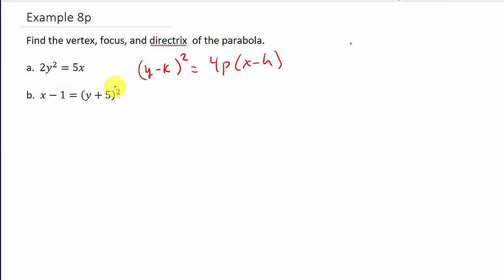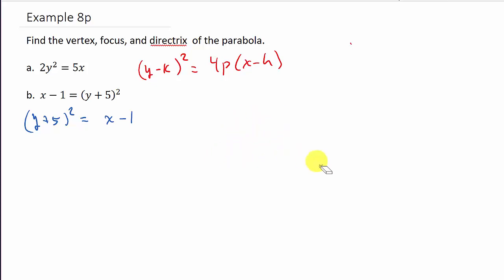It's like they're switched. So I'm going to rewrite this as y plus 5 squared equals x minus 1. It's probably not a big deal if you do this or not, it just helps to make it look like the formula. Just remember that a equals b is the same thing as b equals a. It doesn't matter what side you write it on.